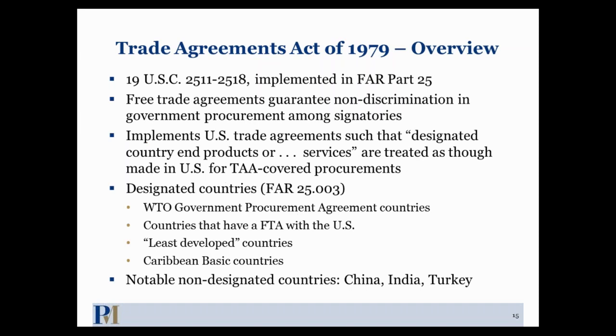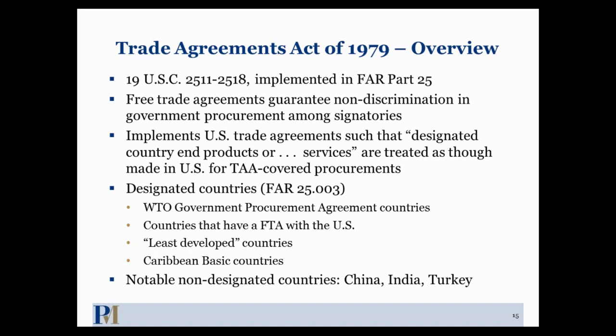So let's make a smooth transition from that overview of the BAA to the TAA, the Trade Agreements Act. On this slide, 15, we have the nuts and bolts of what the Trade Agreements Act is, and what it is designed to do.